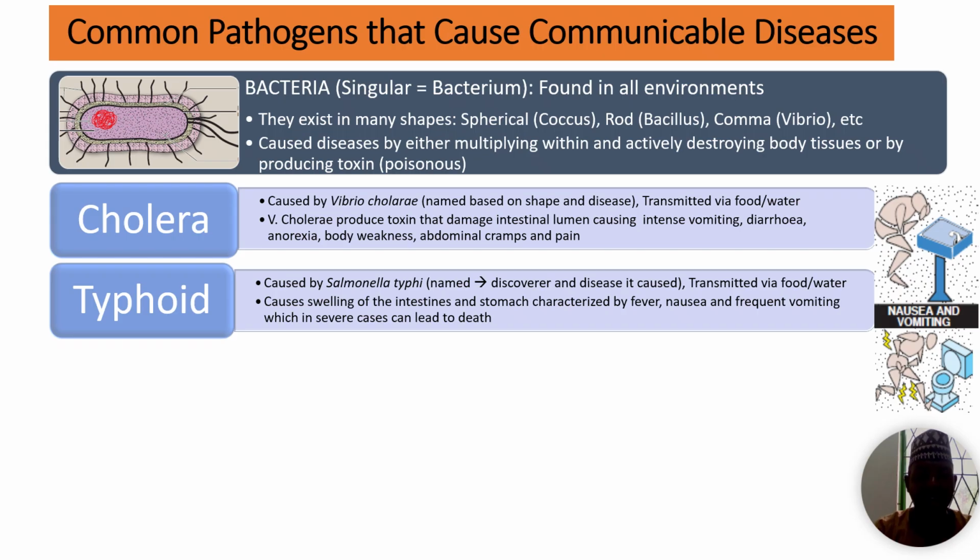In the case of cholera, the bacteria produce a toxin that causes the damage, while in the case of Salmonella typhi, it is the bacteria that actively multiply in the gastrointestinal tract and cause the damage. When it multiplies, it leads to inflammation of the gastrointestinal tract, which is characterized by continuous fever, nausea, and frequent vomiting, which in severe cases can lead to death.